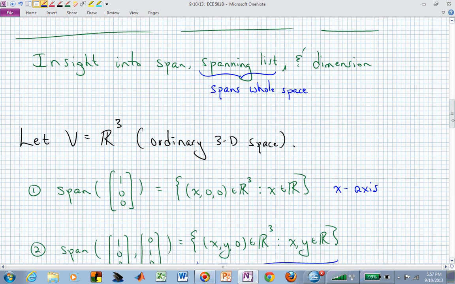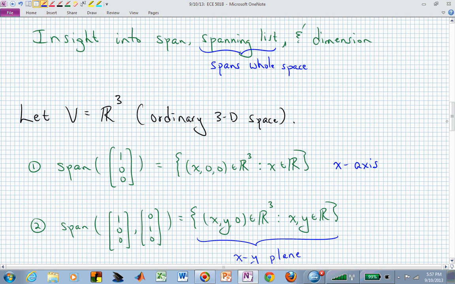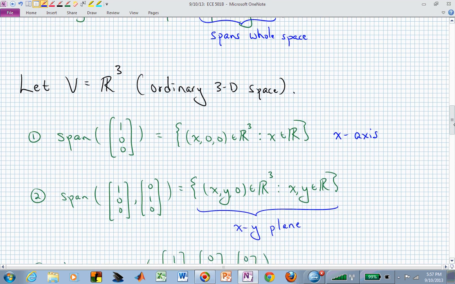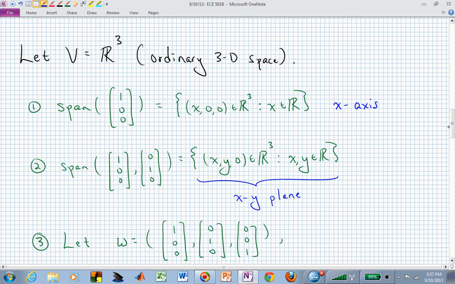Let's now look at developing a little insight into these phrases or terms: span, spanning list, and dimension. And when we say spanning list, we're really referring to a set of vectors that span the whole space. To establish that, suppose that we look at this vector space, the ordinary three-dimensional space.